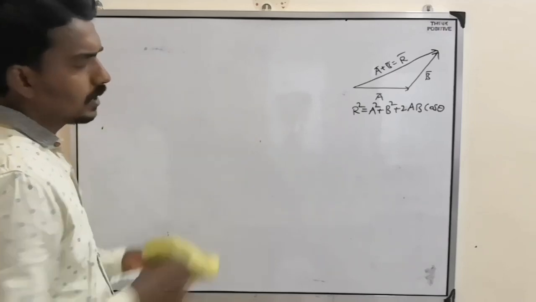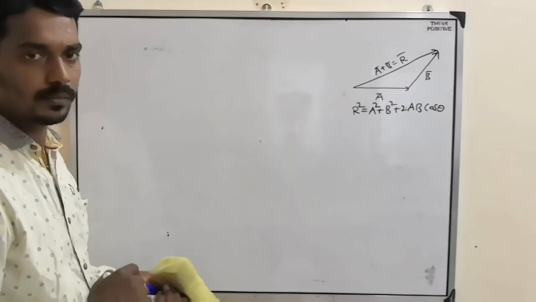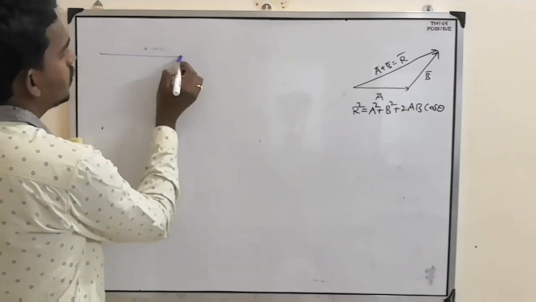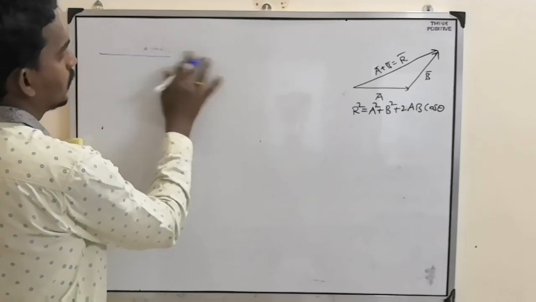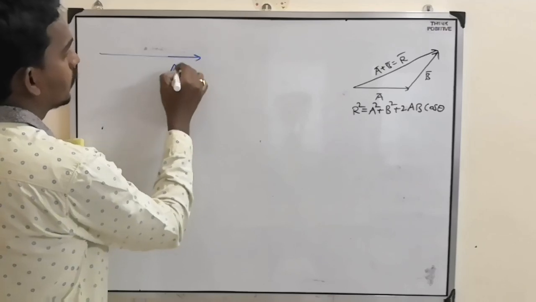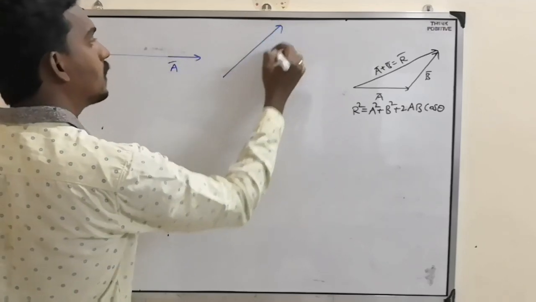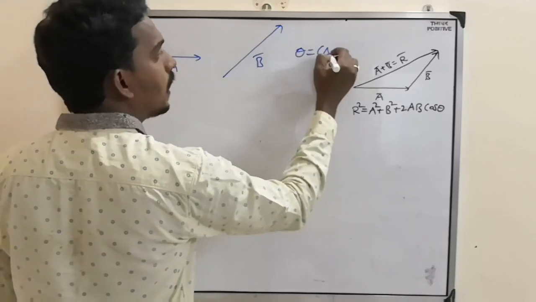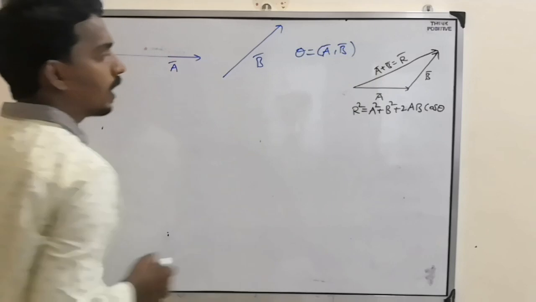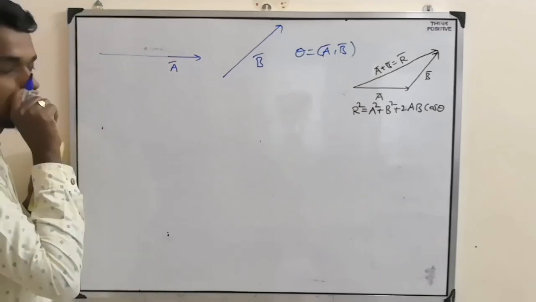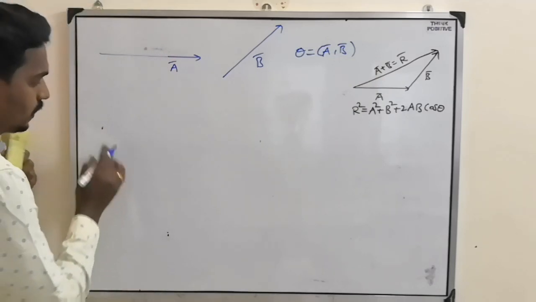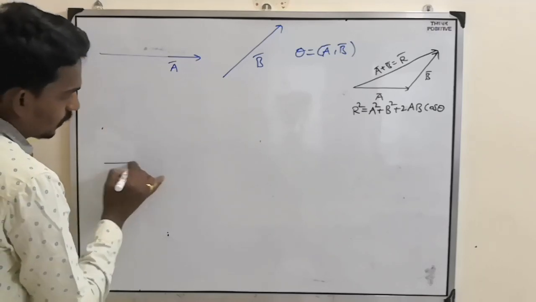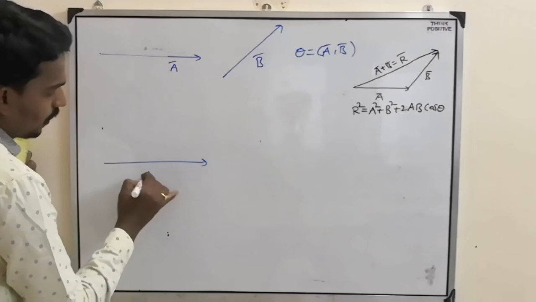Now consider the same two vectors. Let's take this is a bar and this is b bar, and theta is the angle between a bar and b bar. Then, the same way, you draw one vector first. This is a bar.